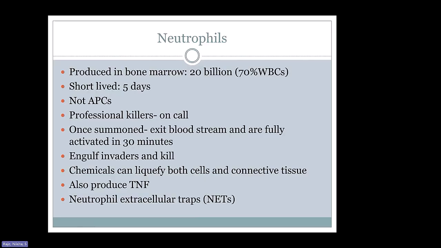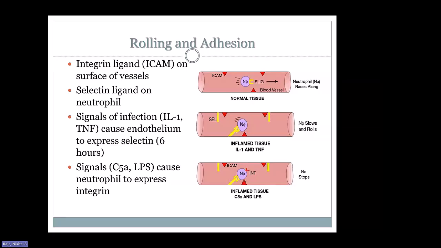In those cases, they will extrude their DNA and the enzymes onto that area, so that creates a neutrophil extracellular trap where the microbes can be trapped and killed because of the enzymes. Other white cells also use this system, but we'll talk about the neutrophils for now.